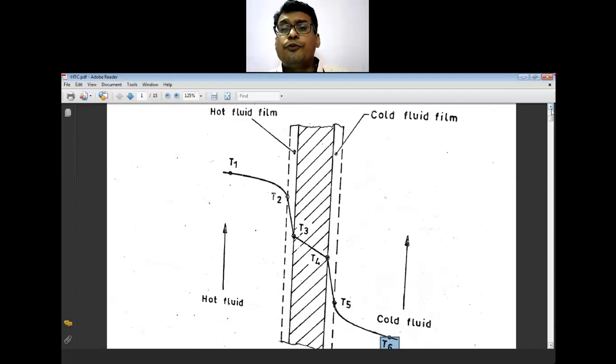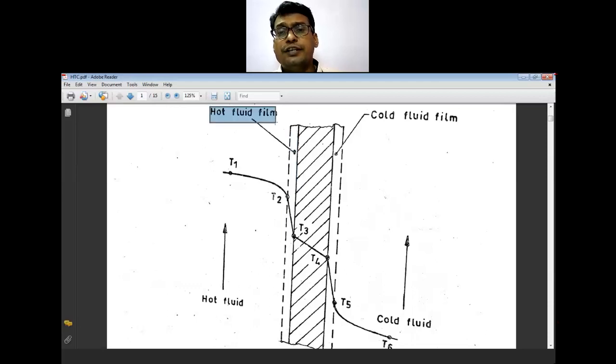Now, the fluid forms a liquid film just beside this metal plate. That is called the hot fluid film.